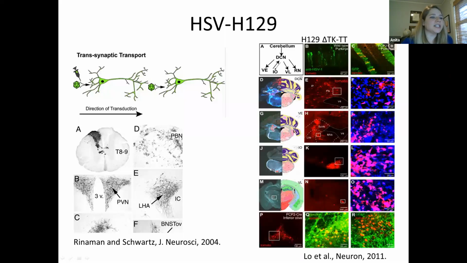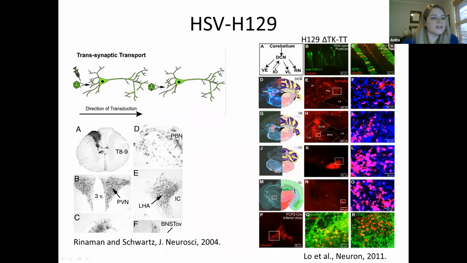More recently, David Anderson's lab has made a delta TK-TT, basically removing some of the toxicity, because this is a highly toxic virus. It causes a lot of immune response and very short-term staining. In this case, he's showing expression from this mutated version of H129, from cerebellum to some disynaptic connections using this promoter.